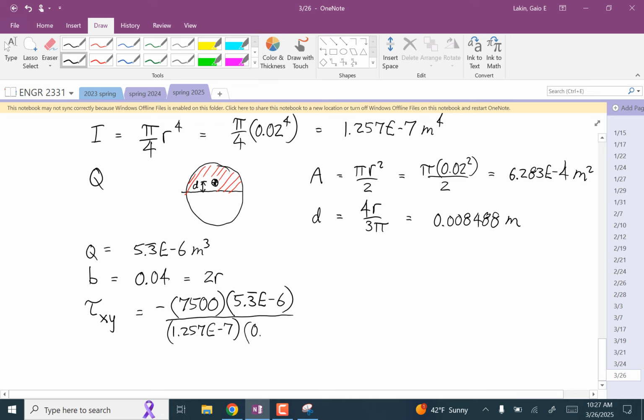B is 0.04. And that is negative 7.96 times 10 to the 6 pascals.